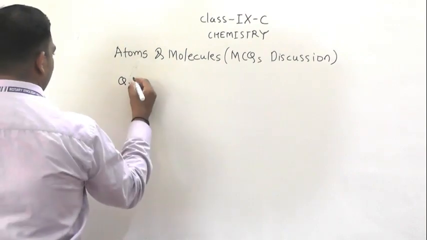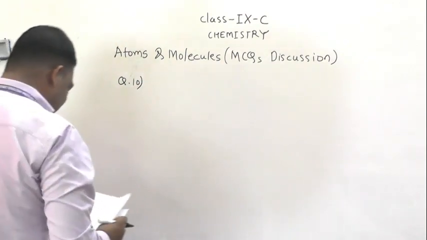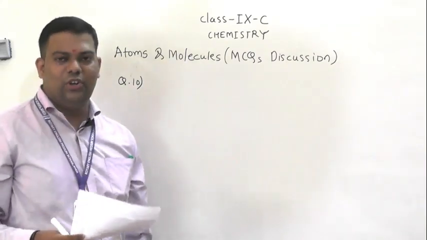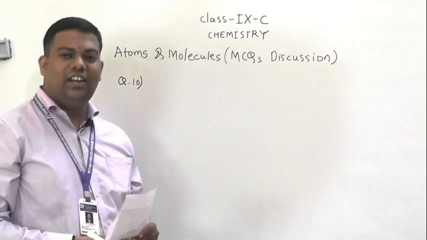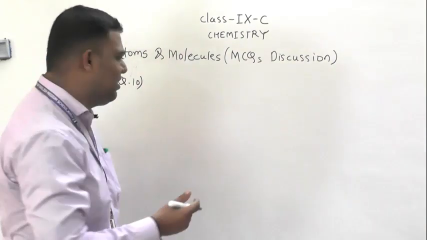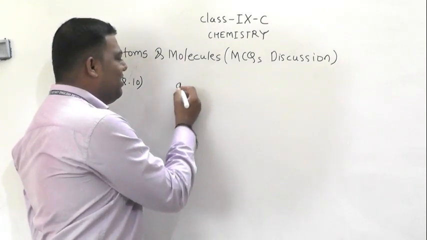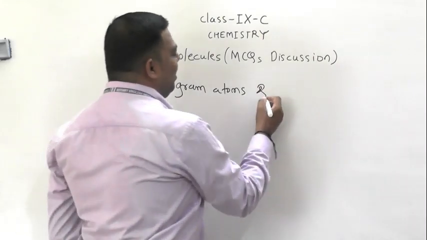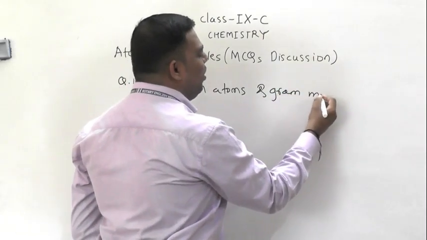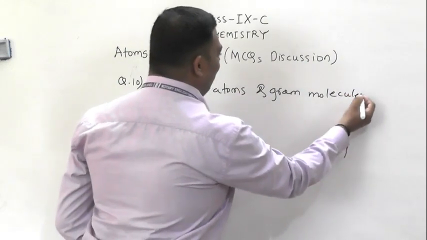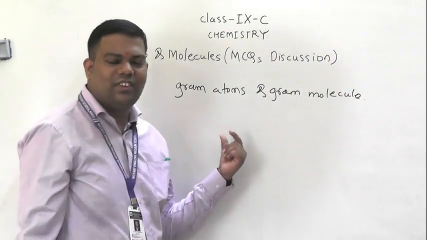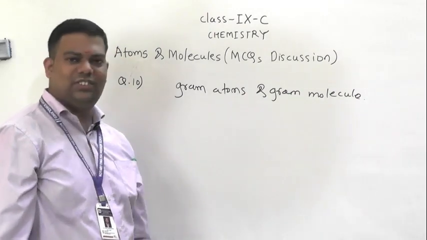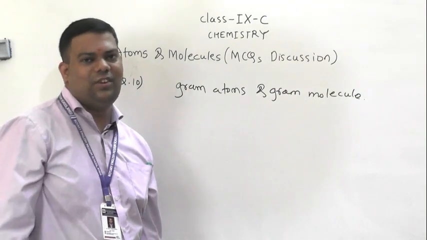Question number 10. Calculate the number of gram atoms and gram molecules present in 12.4 gram of phosphorus. For calculating gram atoms, we must know the atomic mass of that particular substance.